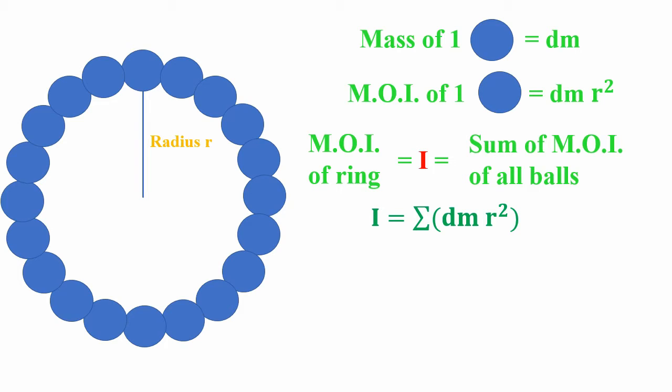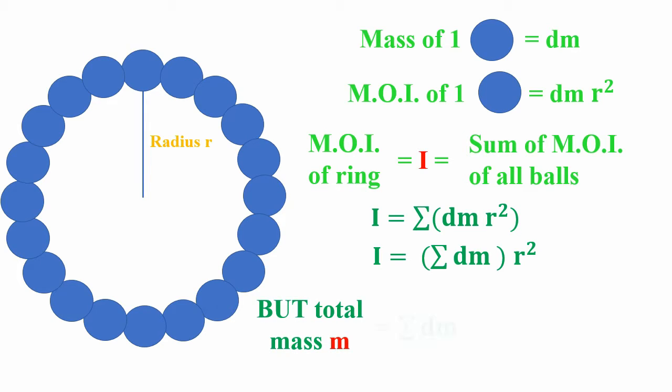Now, since r squared is common for each object, we can take r squared out of the summation, which leaves us with I equals sigma dm into r squared. Now, sigma dm is the total mass of the ring because it's actually the sum of masses of each object, which leaves us with I equals mr squared.